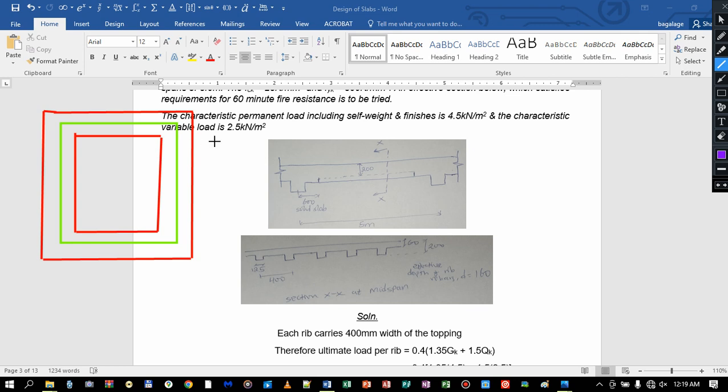If the distance from here to here is 5 meters, now our ribs are running in this direction. These are our ribs.